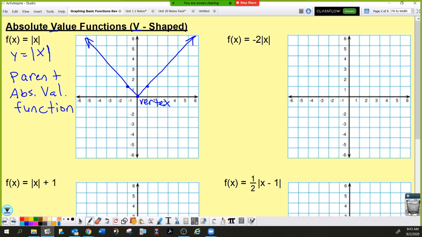The vertex can be found by telling me what number makes the inside of the absolute value bars 0, comma, the number to the far right. So when we look at this one right here, what number would I have to plug in for x to make the inside of the bars equal 0?